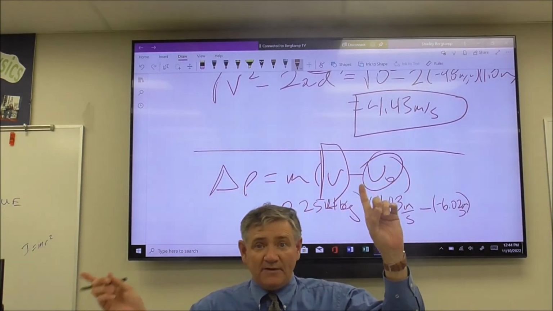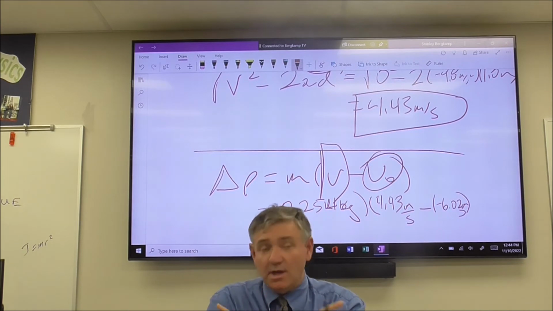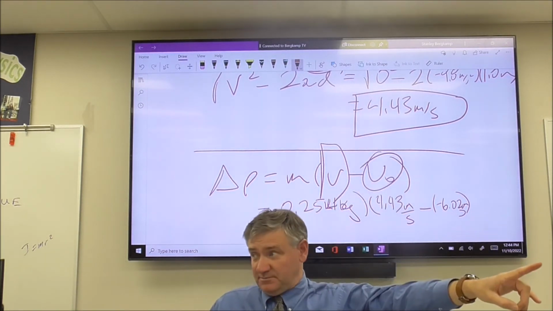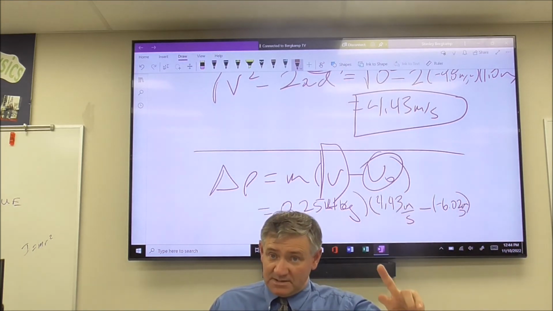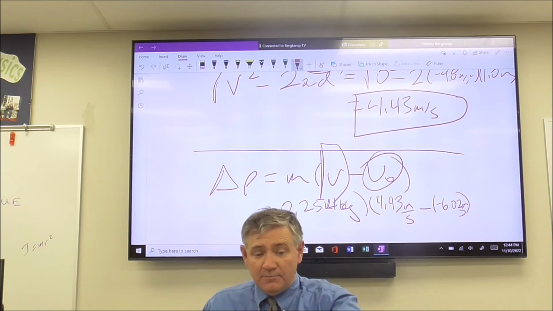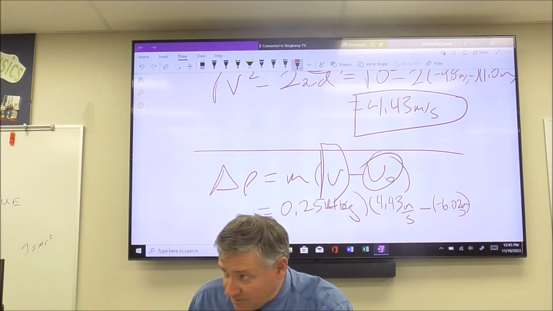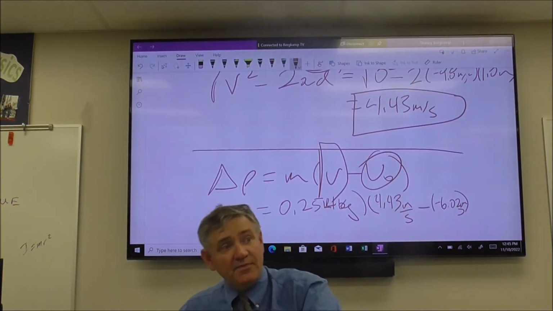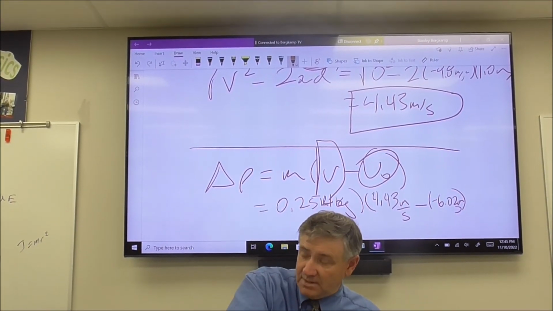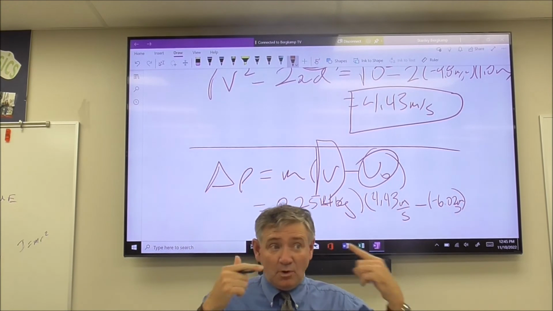So you have to cross these over. When you use that equation, you're going to use it twice. But the V that you find becomes the V naught when it hits the ground, and the V naught that you find when it leaves the ground becomes the V. So just mull that over.